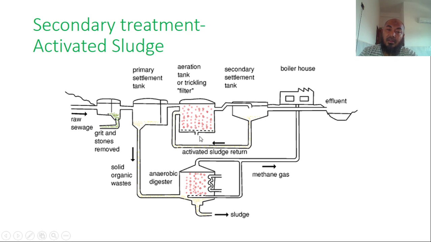Here the oxygen will be injected into this tank, and then after that in the secondary treatment, we go to the secondary settling tank, or the final sedimentation tank here. Some portion of the sludge in here will be moved to the aeration tank, as I mentioned before, to increase the growth of the bacteria.